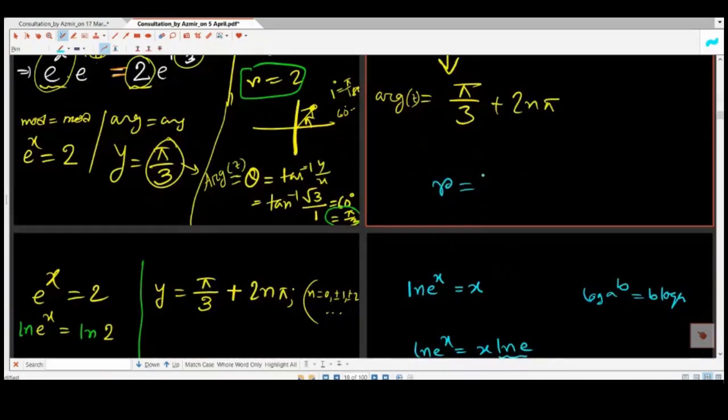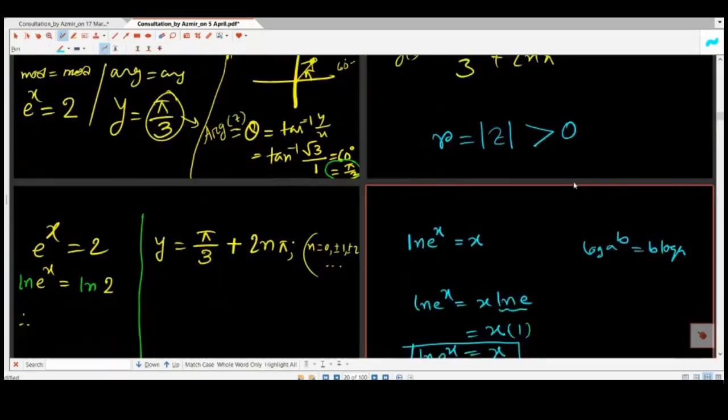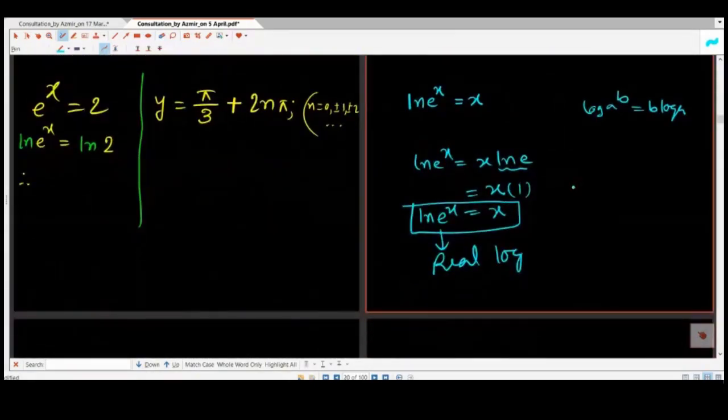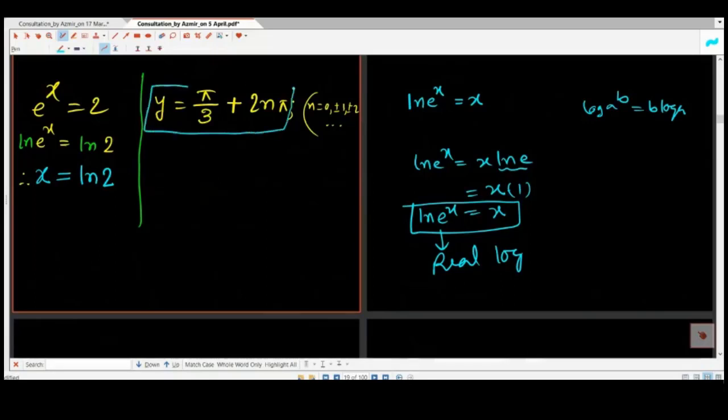Modulus r, that is modulus of z, is always greater than 0 and a real number. So we can write x equals natural log of 2. So we have found x and we have y.